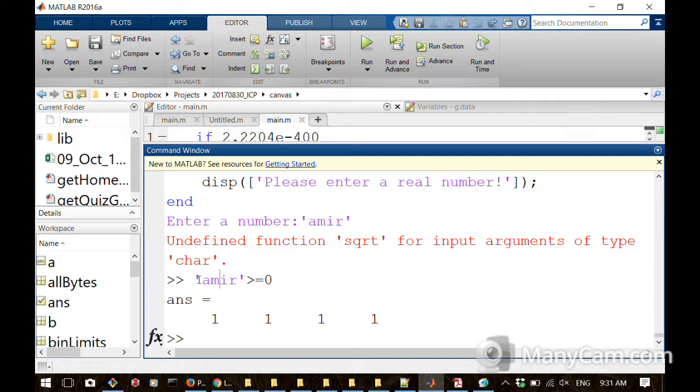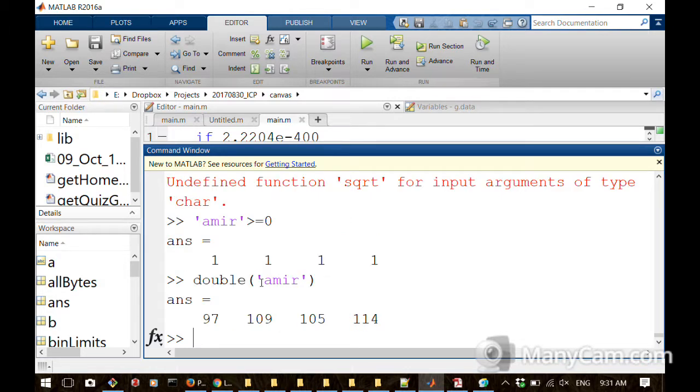So what's happening here is that it takes a mirror, sees there is a logical operation here, so it converts a mirror to a vector of ASCII numbers. Right? So what is the ASCII number for a mirror? If I say double of mirror, then you get these numbers.